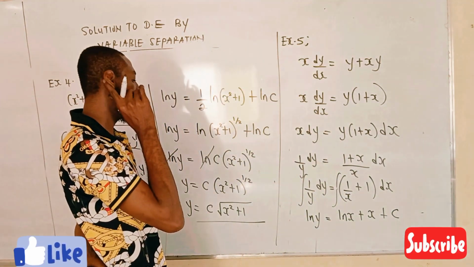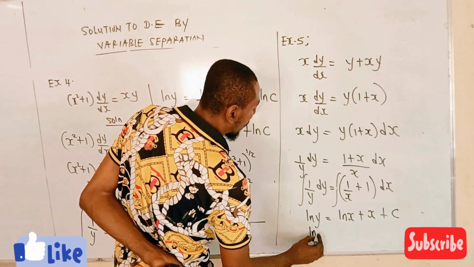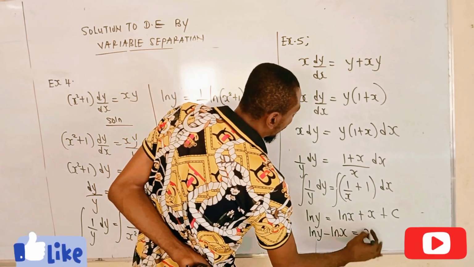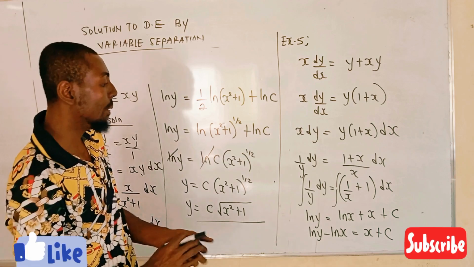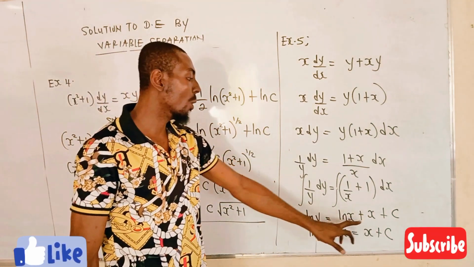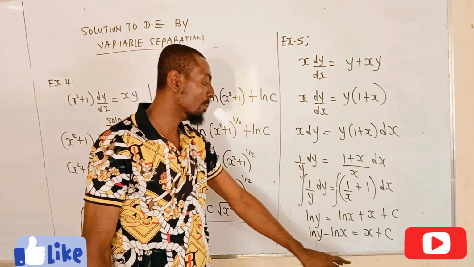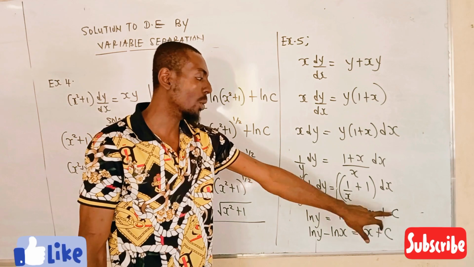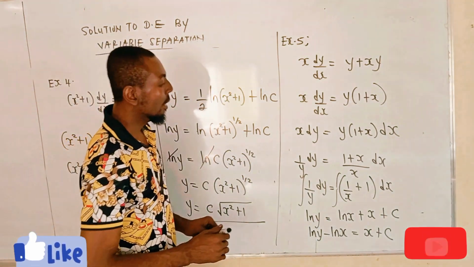So I can have ln y − ln x = x + c. I shouldn't have ln c, because here we don't have logarithm functions all through. We should write plus c, because we have an ordinary function of x here, so we have plus c and not ln c in this very question.